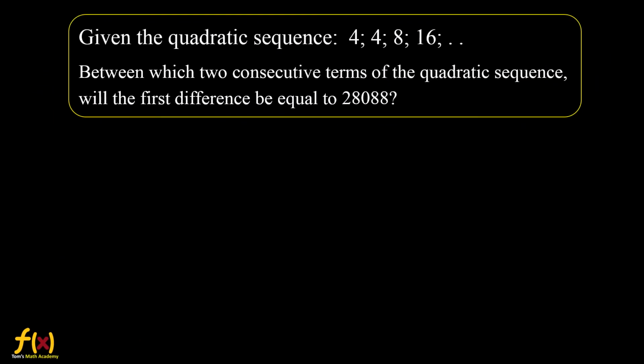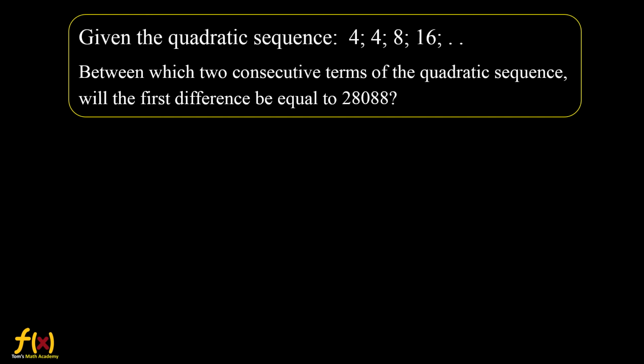Given the quadratic sequence 4, 4, 8, 16, etc., between which two consecutive terms of the quadratic sequence will the first difference be equal to 28,088? The number 28,088 is in the first differences.